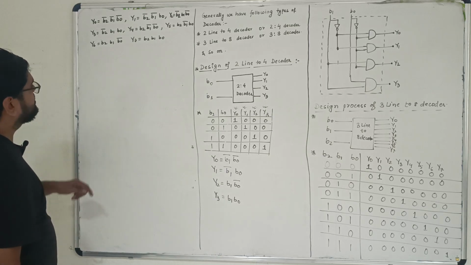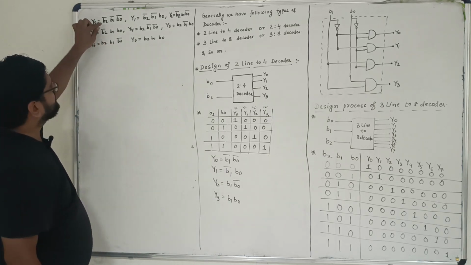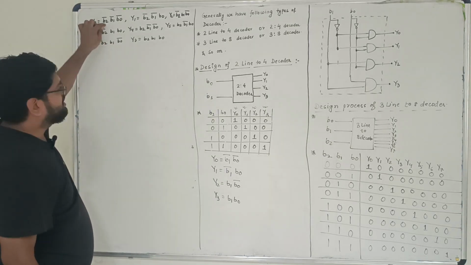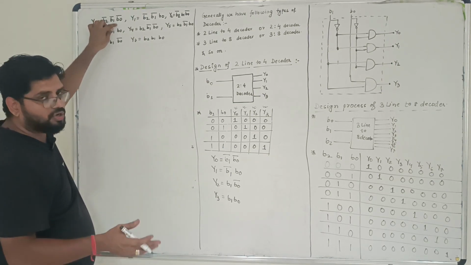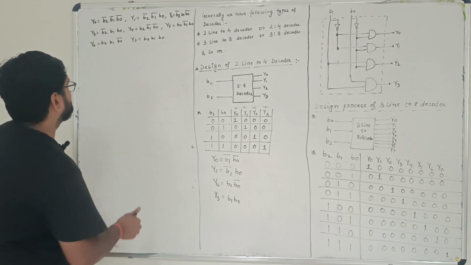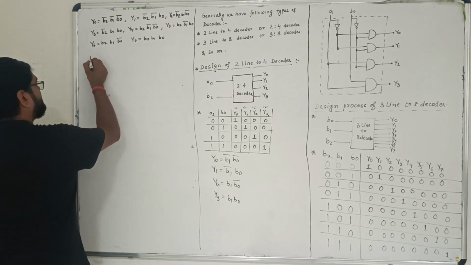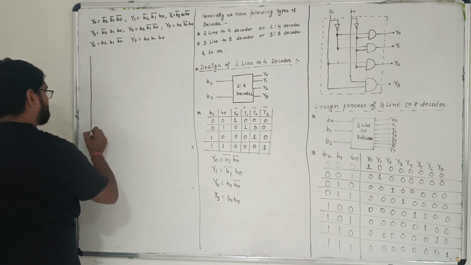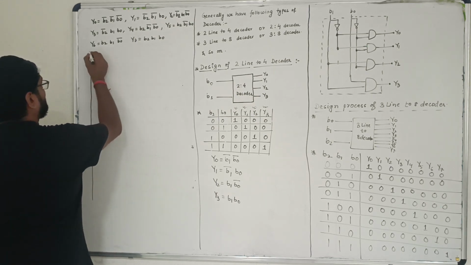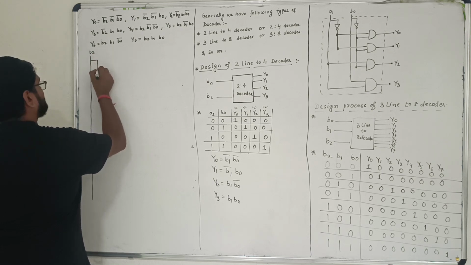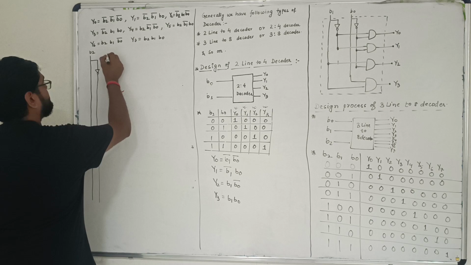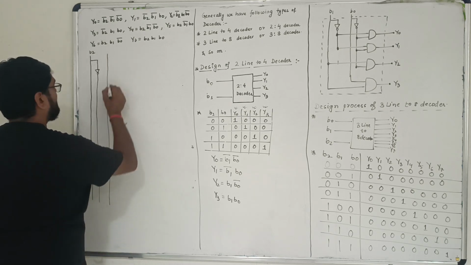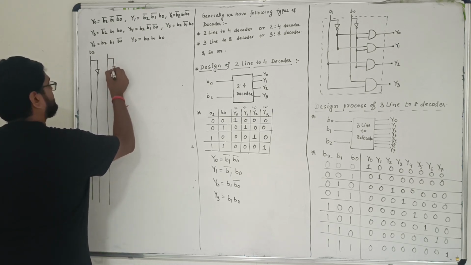Now once you have got this, you can see that we are only using either the uncomplemented b2 term, b1 term or b0 term, or the complemented b2, b1 or b0 term. So we'll have the design process similar to that. We'll take b2, we'll take the negation of that, then we'll have b1, we'll take the negation of that once again.